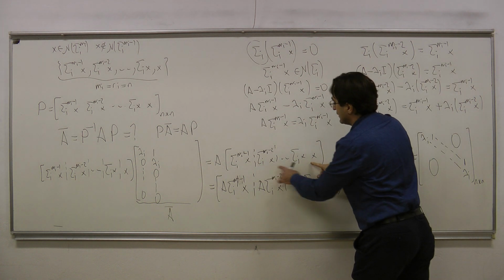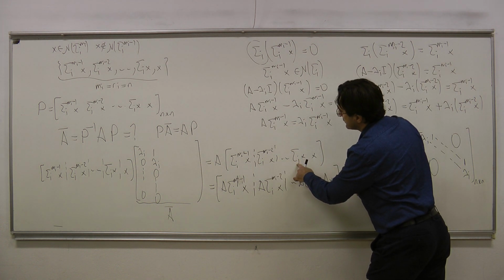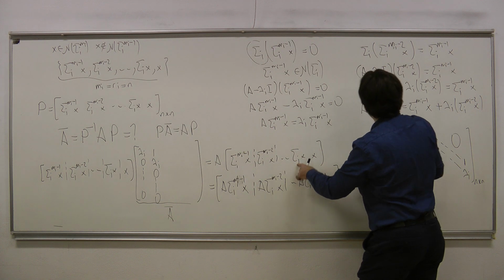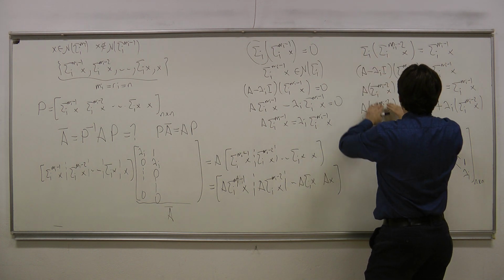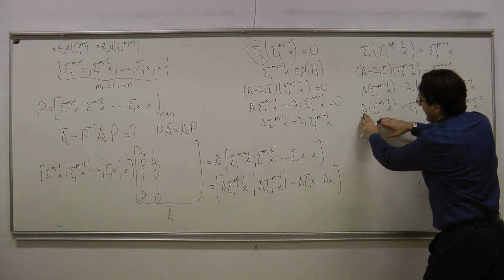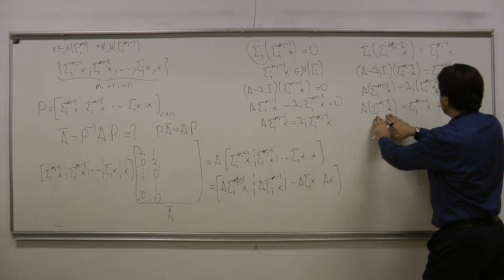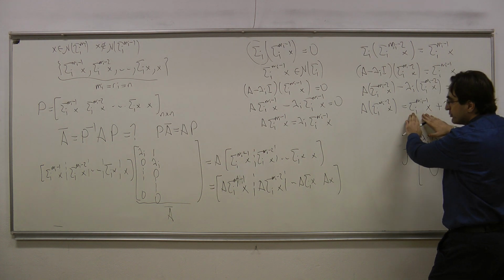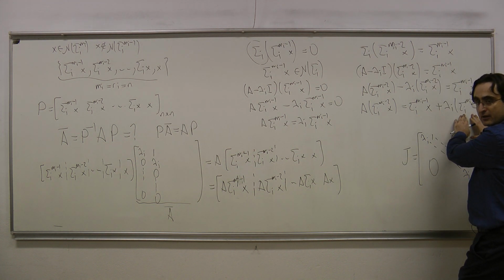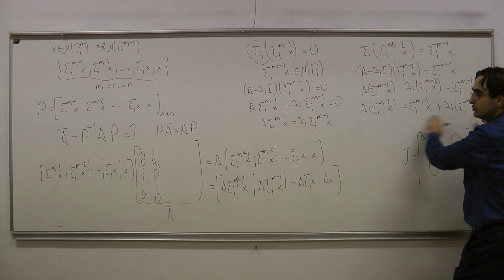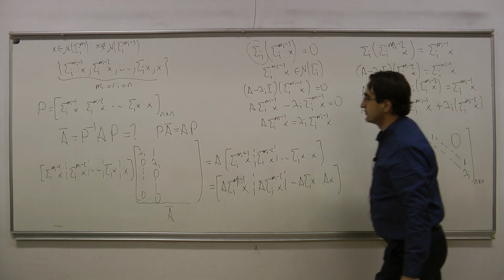Sigma I times a column would give the previous vector. Then expand sigma I there, and you would always get A times a column here is the previous vector plus lambda I times the same column. Okay, you can always get that type of relationship.